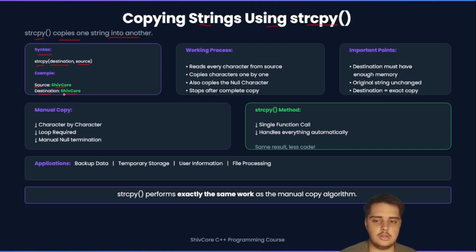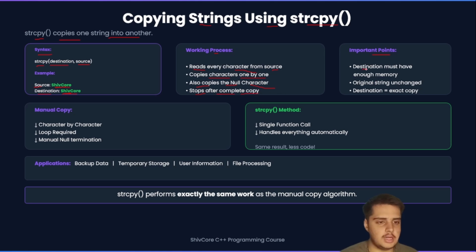It copies the word ShivCore from the source and takes it to the destination. The working process is that it reads every character from the source, copies characters one by one, also copies the null character, and stops after the complete copy.